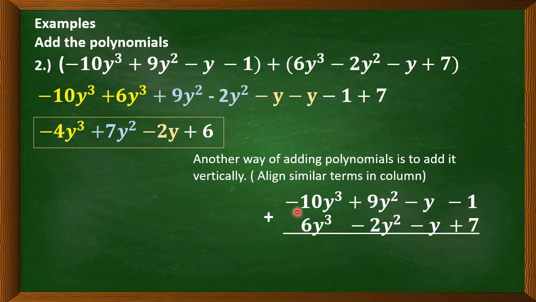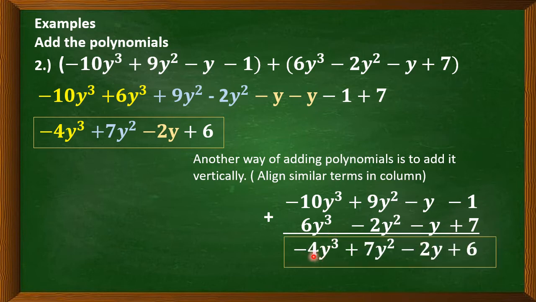Now, let's add. So negative 10 plus 6, we have negative 4, and copy the literal coefficient y cubed. That's why we have here negative 4y cubed. Here we have positive 9 plus negative 2, that is positive 7, applying the rule in adding integers, and copy the literal coefficient y squared.